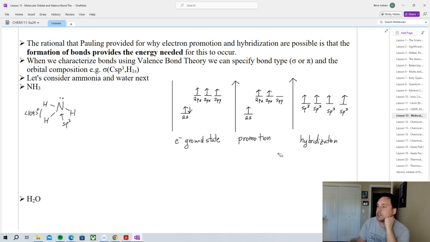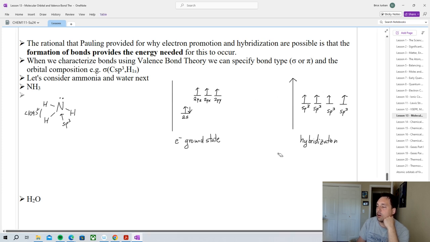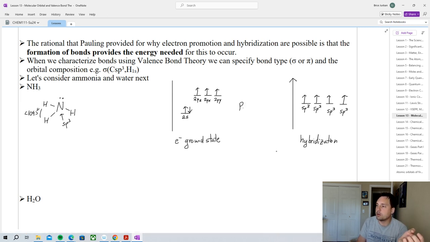Electron promotion isn't needed for this molecule because there are already 3 electrons available for bonding. So promotion is actually not necessary here. However, the bond lengths all need to be the same, so we still need to hybridize.